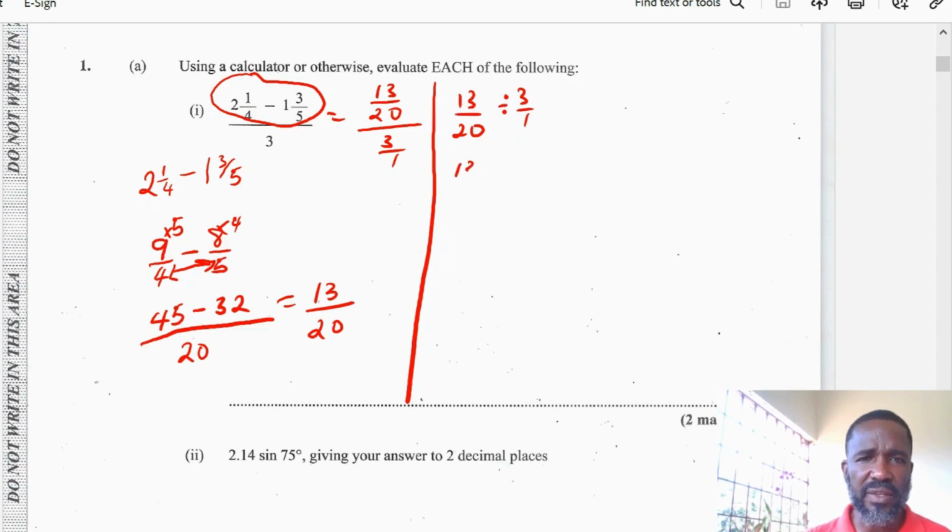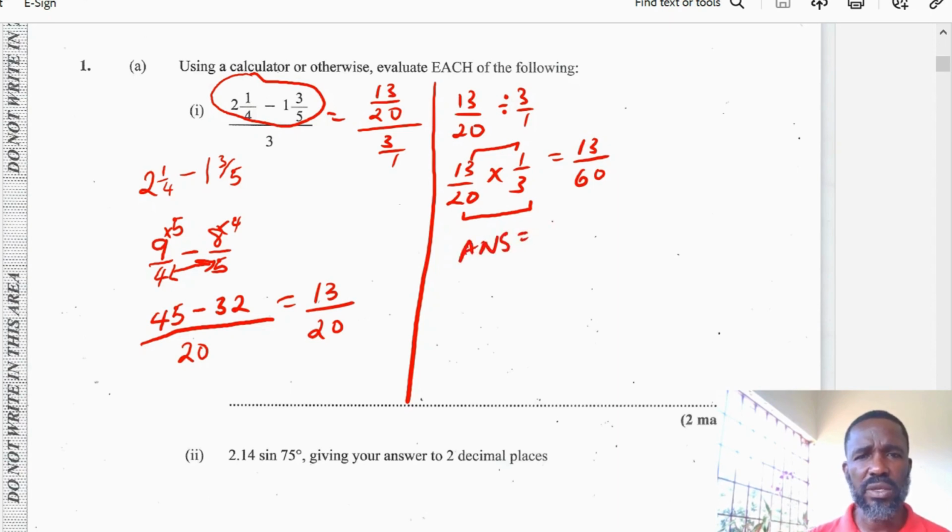So we have 13/20 multiplied by 1/3. When we multiply fractions, we multiply numerator by numerator and denominator by denominator. So 13 times 1 gives you 13, and 20 times 3 gives you 60. So our answer here is equal to 13/60 in its simplest form.